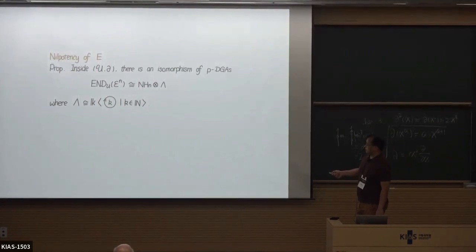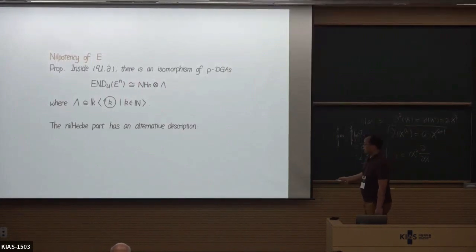It turns out you can identify this Lambda with infinite-variable positive degree symmetric functions, and each of these is just a degree 2k elementary symmetric function. In other words, this is the cohomology ring of the infinite Grassmannian. So the endomorphism ring of E^n is isomorphic to the nil-Hecke algebra tensor with this ring of bubbles.